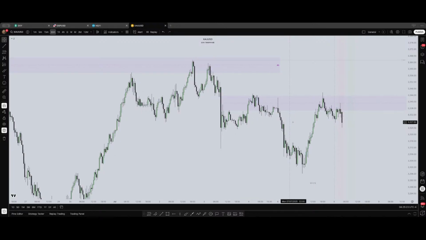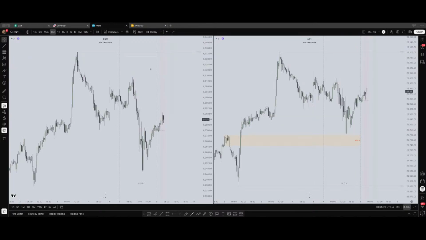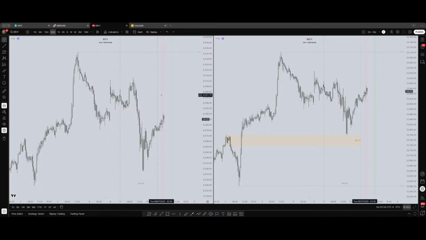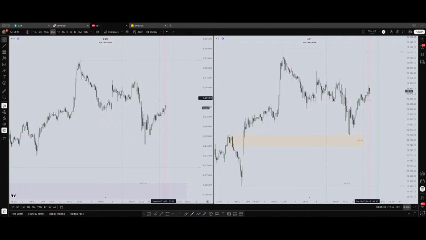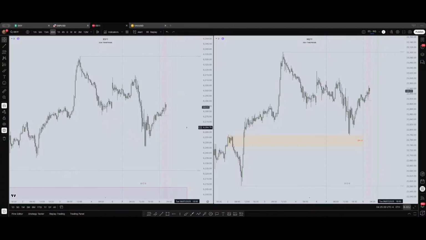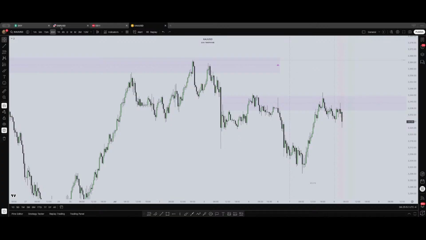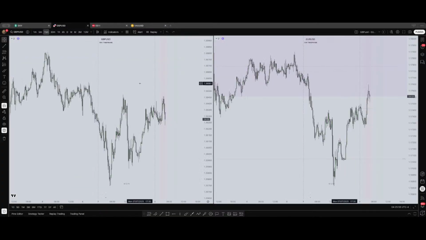Forex and indices also have this kind of movement, but you can expect it more around the New York opening at 9:30, 10 a.m. These are more random, the gold, the oil, the gas, and forex also. If you are aware of the news, they can give you the timing.